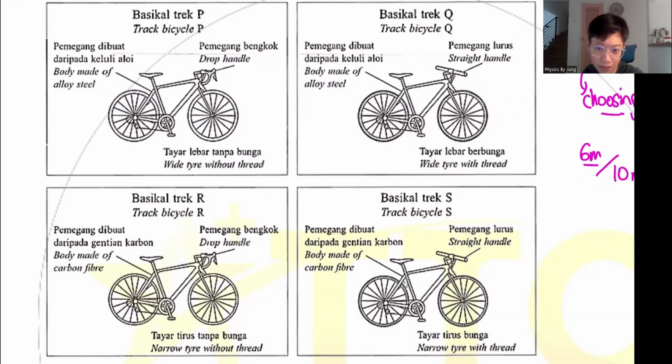Not 3. Huh? 6? Oh, not so many lah. How many differences are there? The answer is 4. Did you see properly or not?